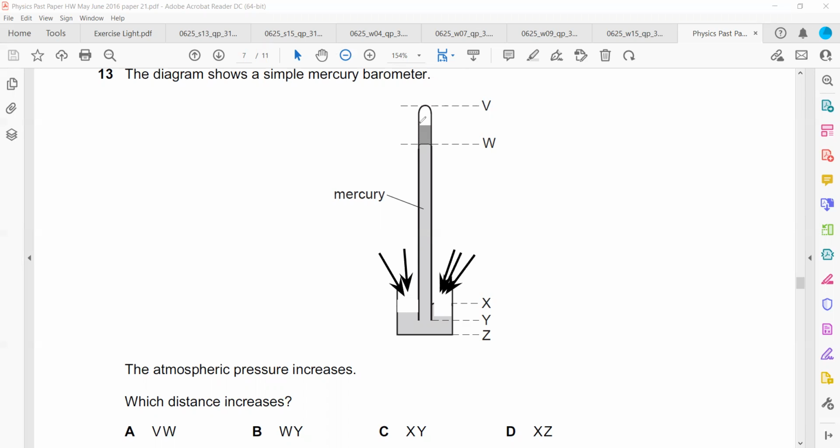So the new position of W will be here and the new position of X will be below because the pressure has increased. One side it pushed the liquid down, the other side the liquid will rise.